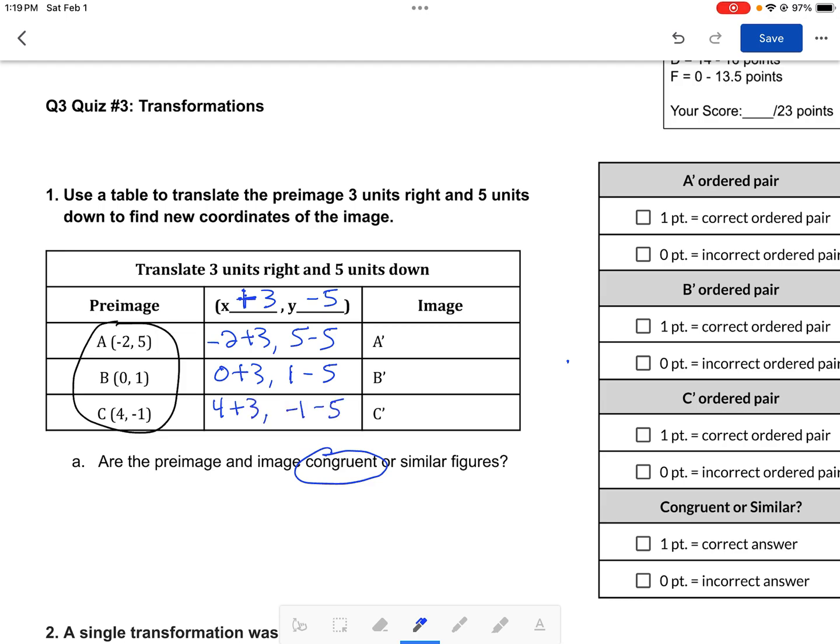So my new coordinates for A prime would be 1 and 0, 3 and negative 4, and then lastly 7 and negative 6.